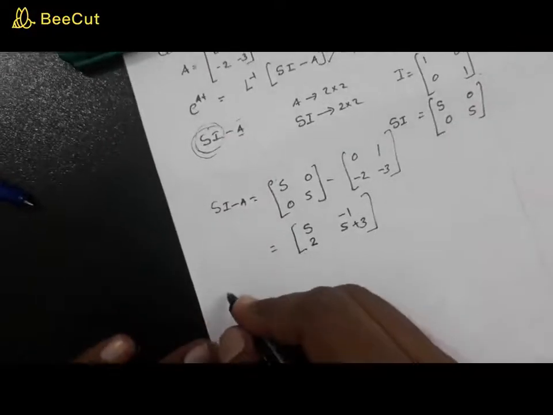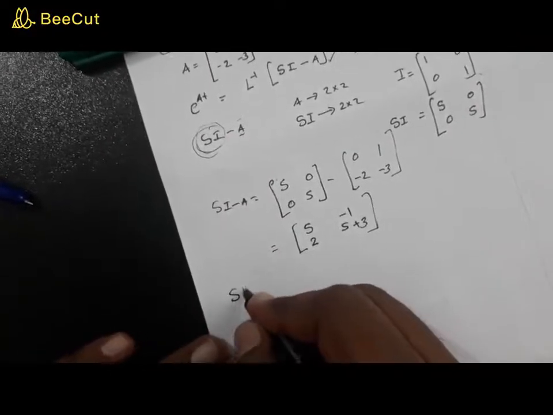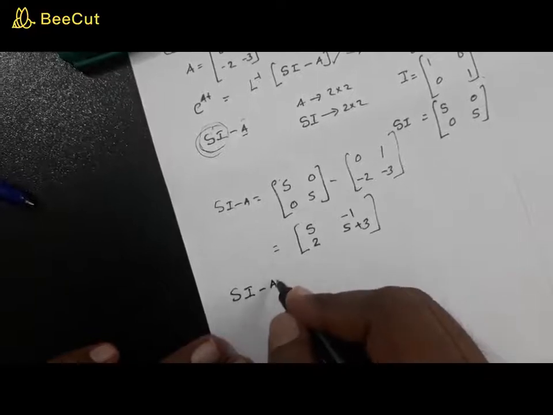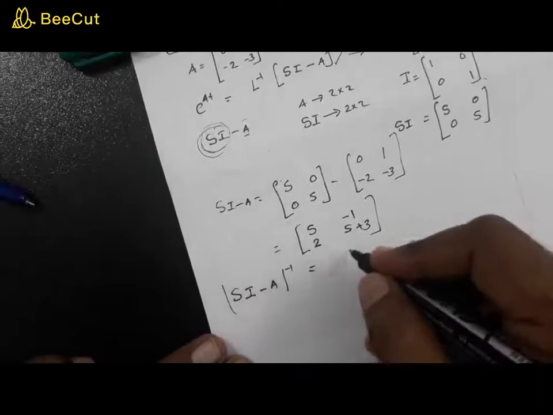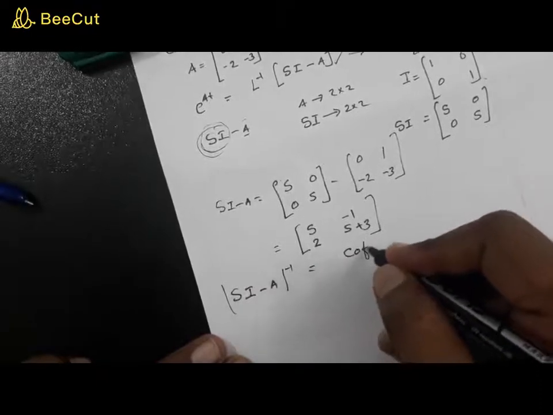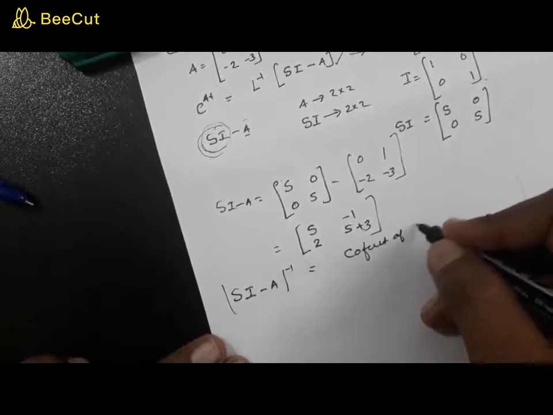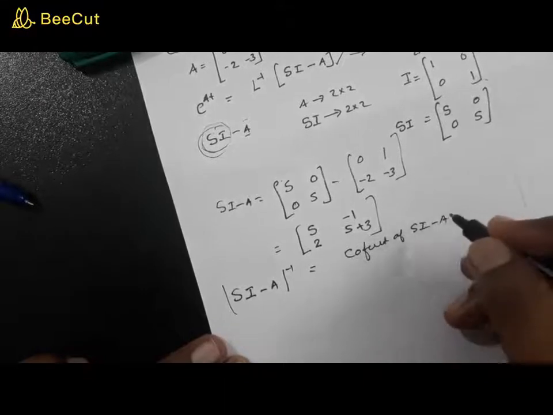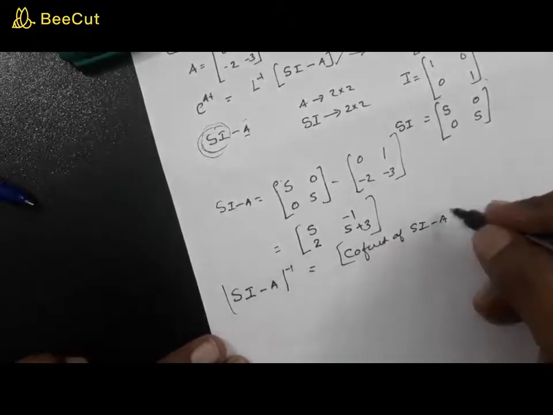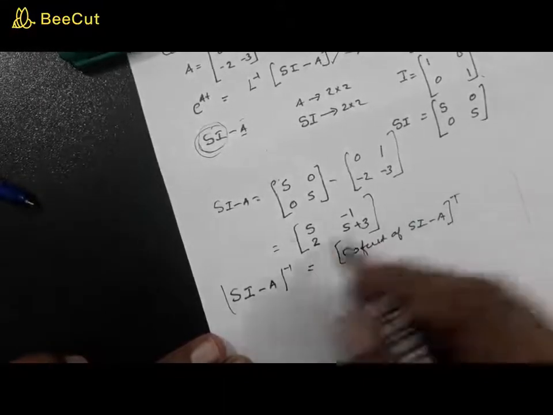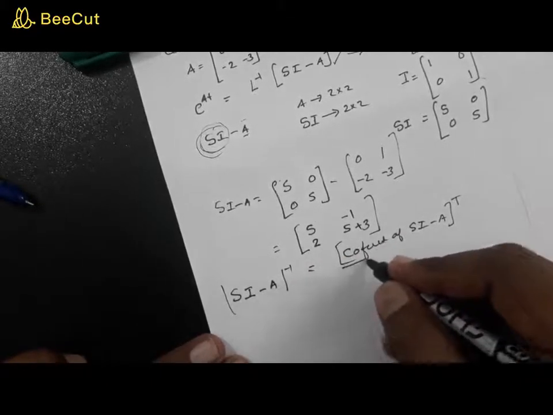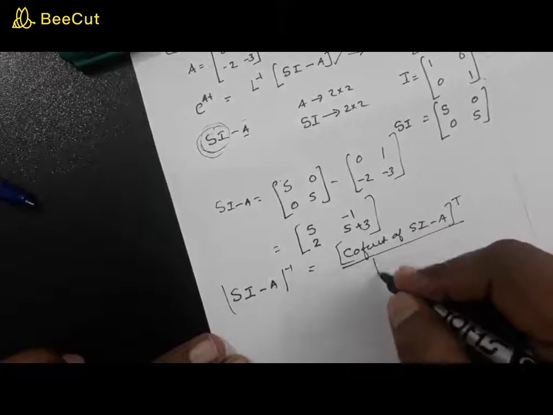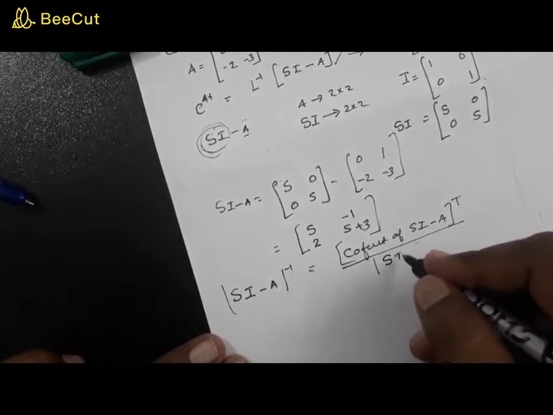In this problem I will explain how to find (SI minus A) inverse, and it is defined as the transpose of the cofactor matrix of SI minus A, divided by the determinant of that matrix.